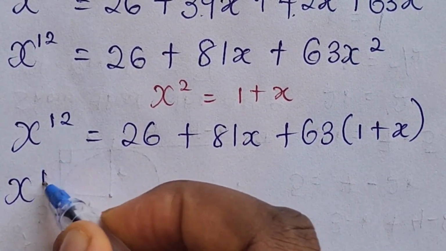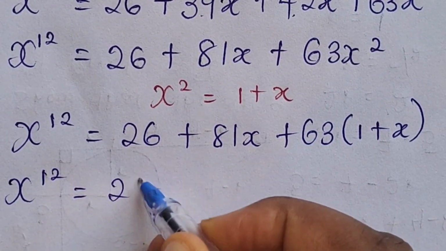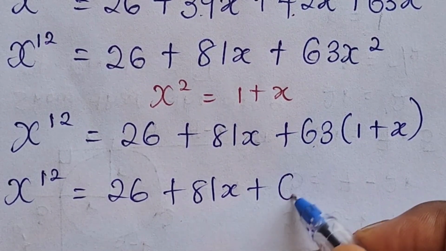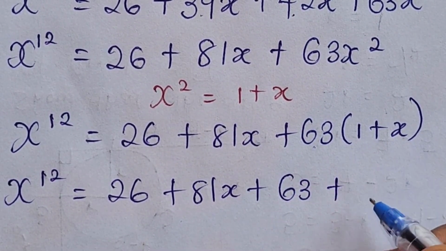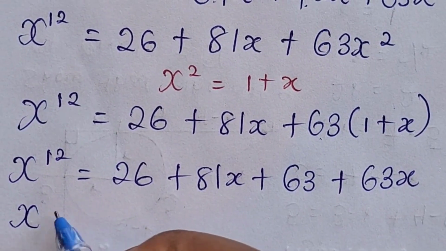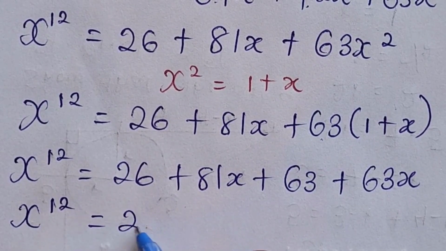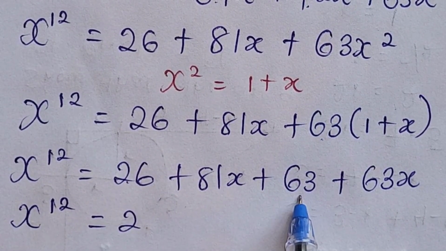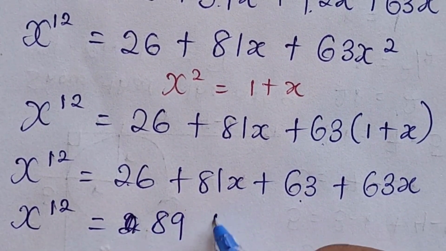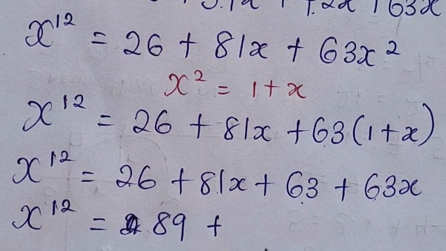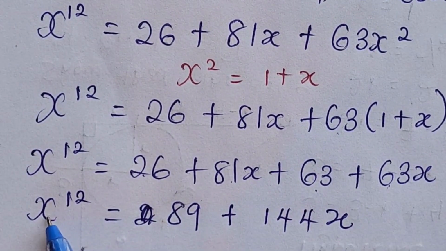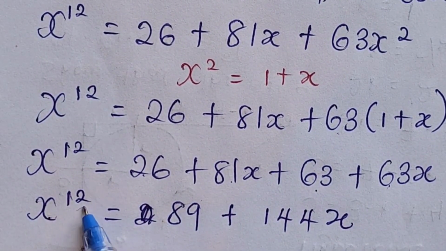So our x to the power of 12 is equal to 26 plus 81x plus 63 times 1, we have 63, plus 63 times x, we have 63x. Our x to the power of 12 is equal to, we have 26 plus 63, which is 89. We have 81 plus 63, which is 144x. So we've gotten our value for x to the power of 12.